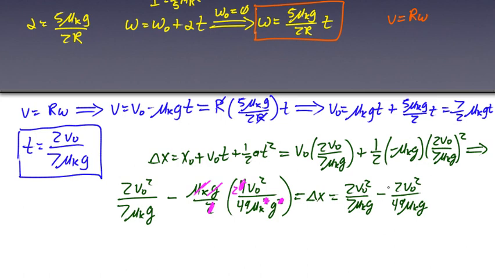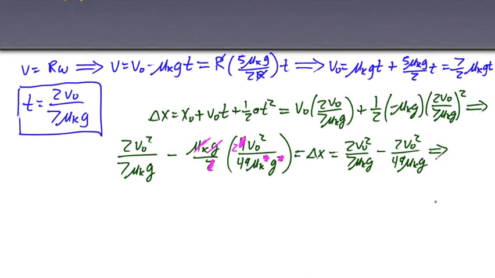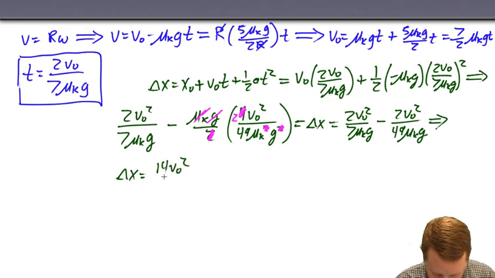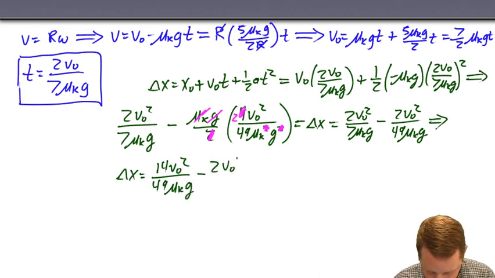All right, in order to combine these, it'd be helpful if they had the same denominator. So if I multiply the top and bottom of this expression by 7, I'm really multiplying by 1. So I can rewrite that as delta x equals 14 v0 squared over 49 mu k g minus 2 v0 squared over 49 mu k g.